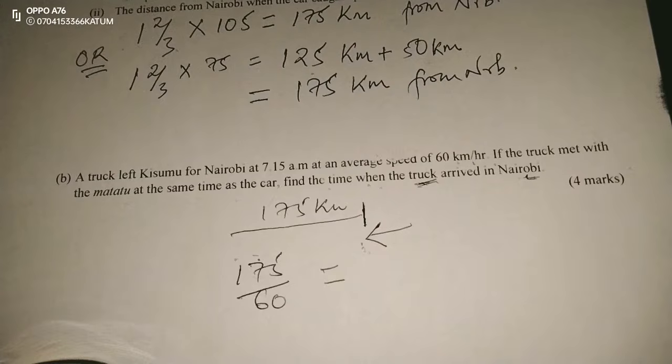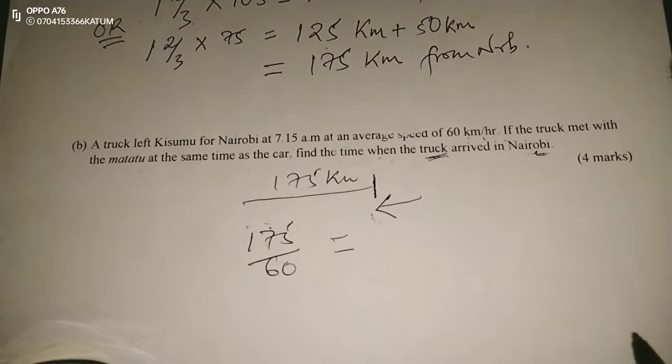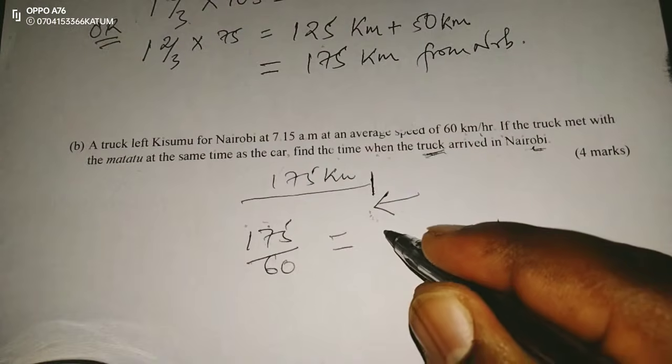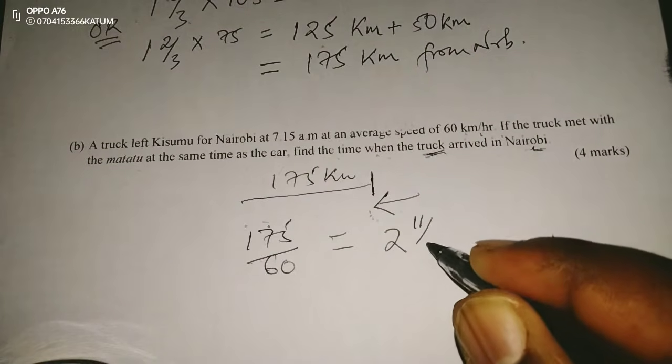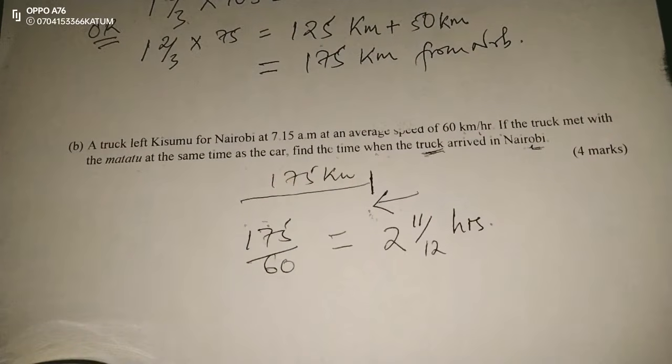175 divided by 60. So this distance is going to be covered in 2 hours and 11 over 12.